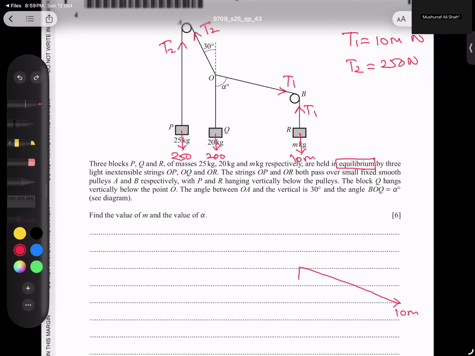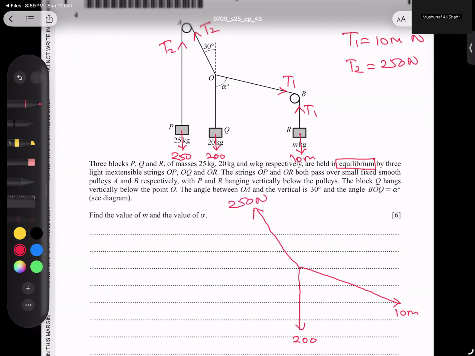We have 200 newtons acting downward, you can see here. And one force acting here is T2, which is equal to, sorry, T2 is equal to 250. So this is 250 newtons.